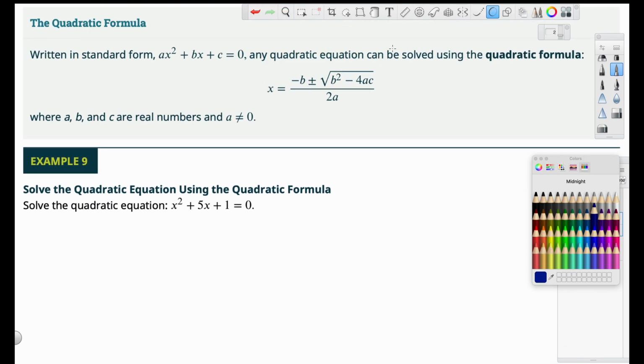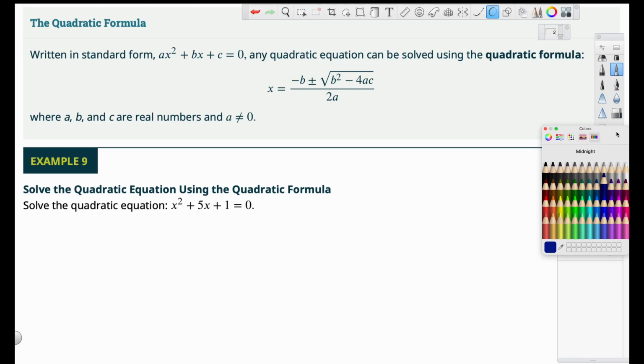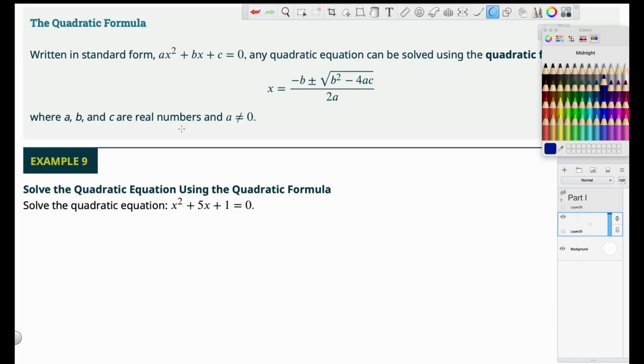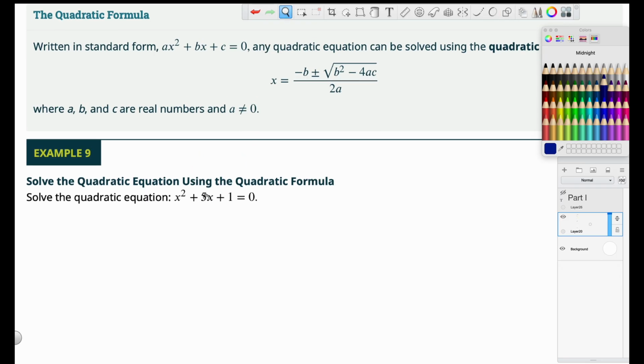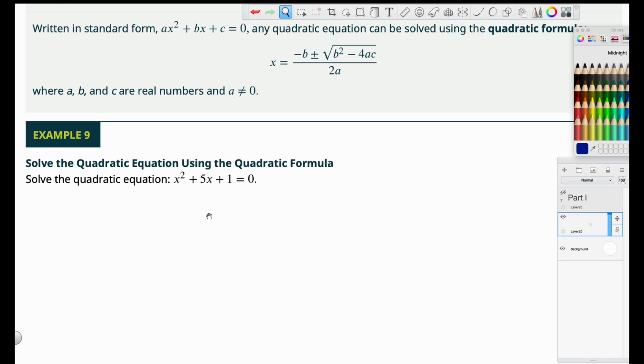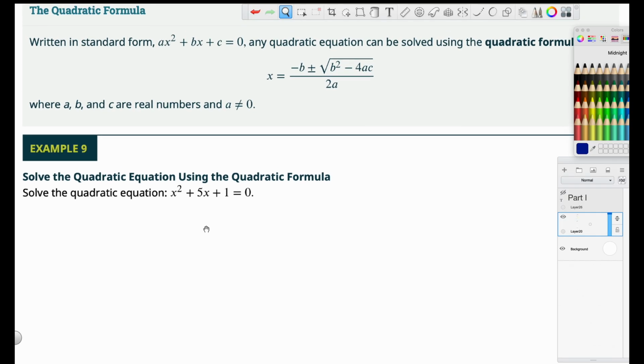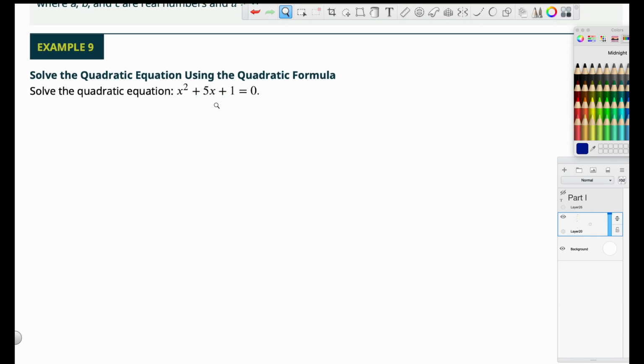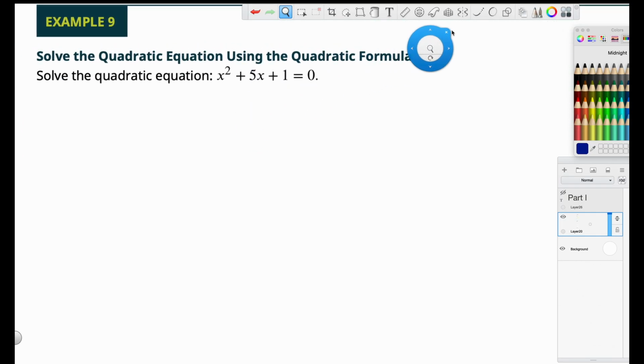So the quadratic formula is really useful when we have a quadratic that is not factorable. And complete the square is useful, but the quadratic formula is a simpler, more straightforward way for solving quadratics. And if we get nice rational, or we get real numbers, that's great, but it'll also work when we get complex.